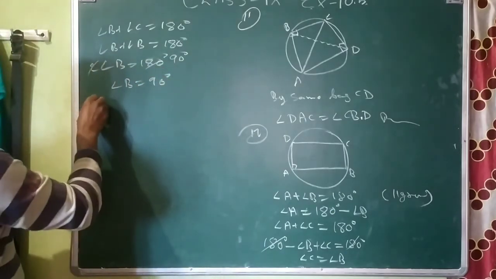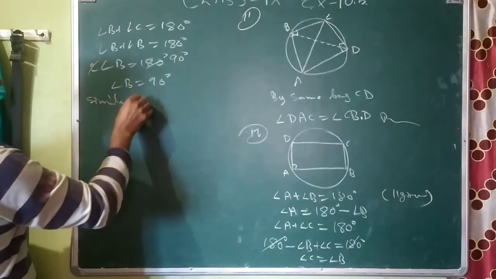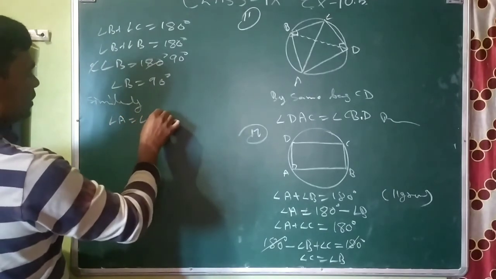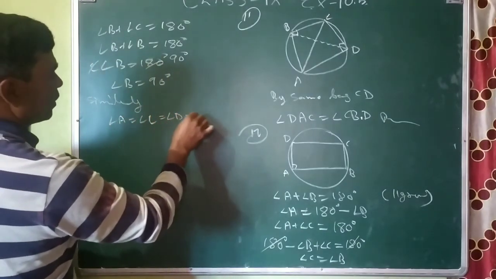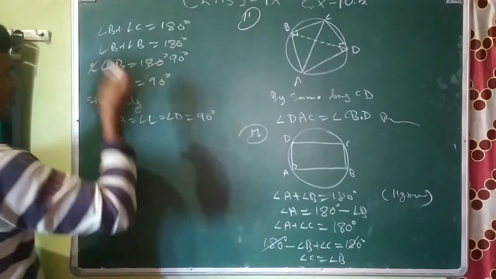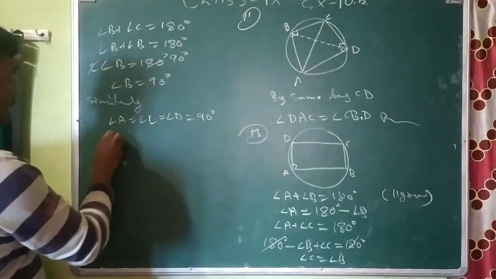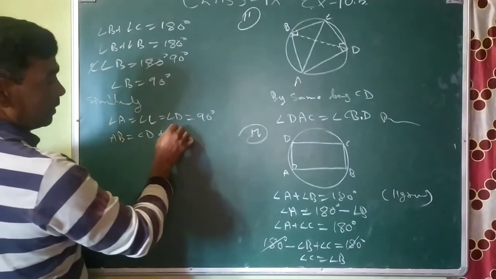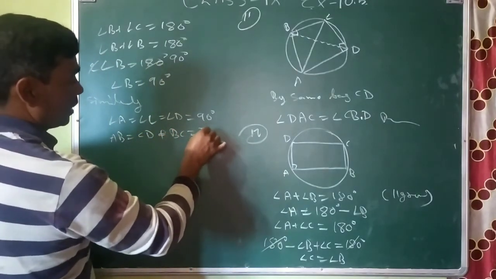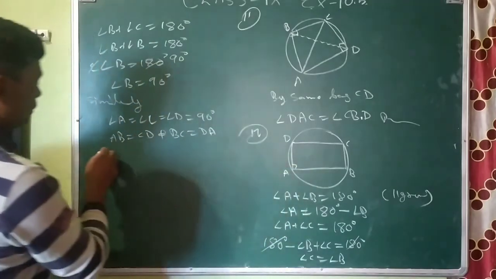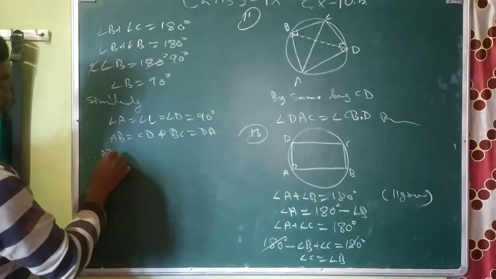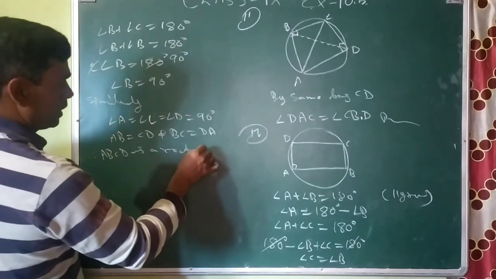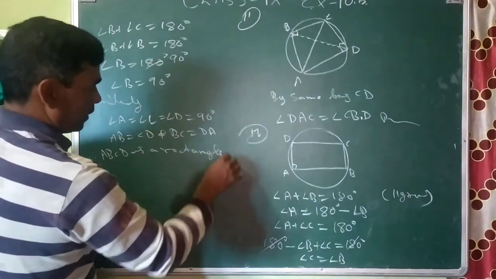Similarly, angle A is equal to angle C is equal to angle D is equal to 90 degrees. And AB is equal to CD and BC is equal to DA by the parallelogram. So ABCD is a rectangle. Okay.